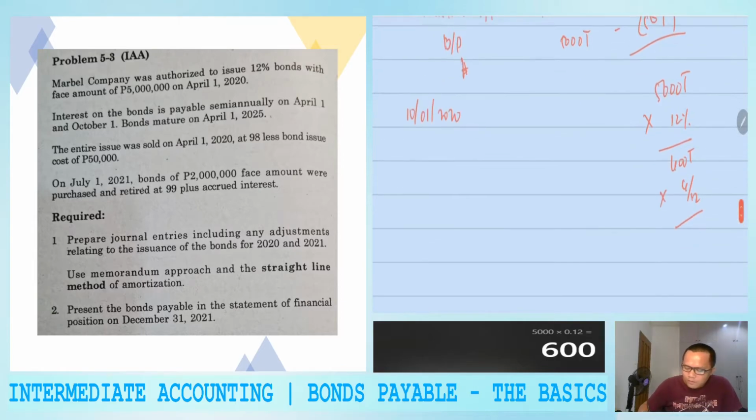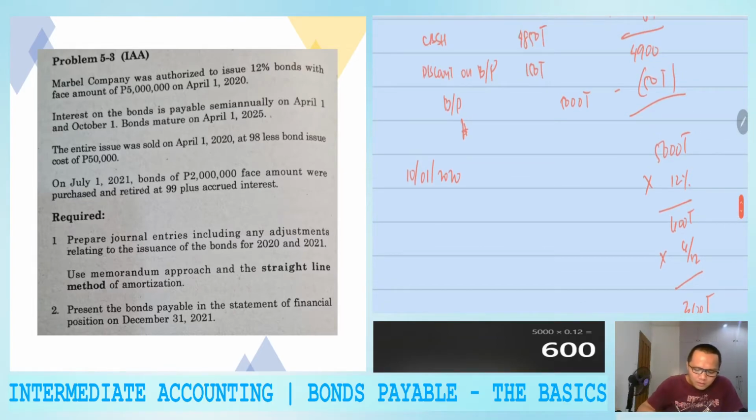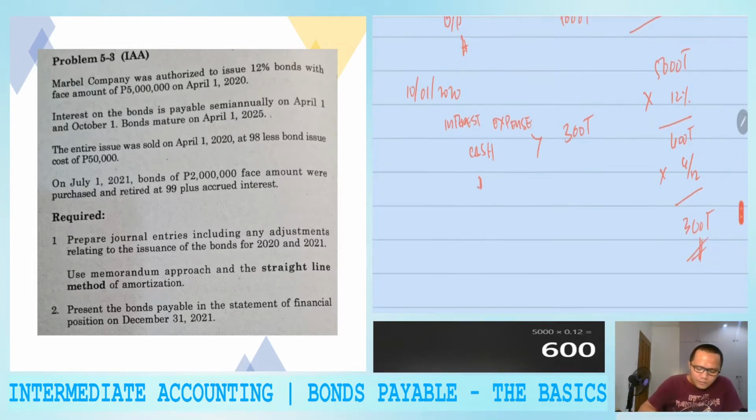So we have 300,000. Debit interest expense, credit cash, 300,000.